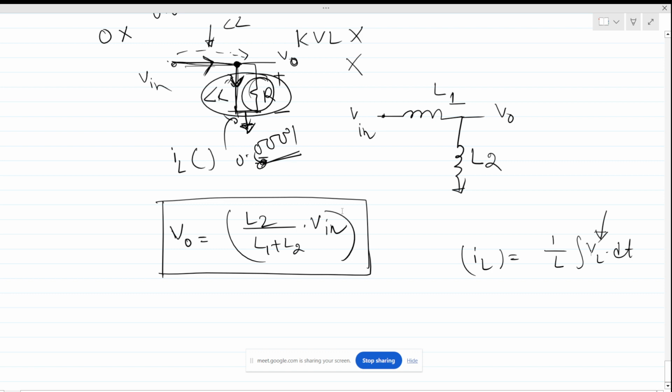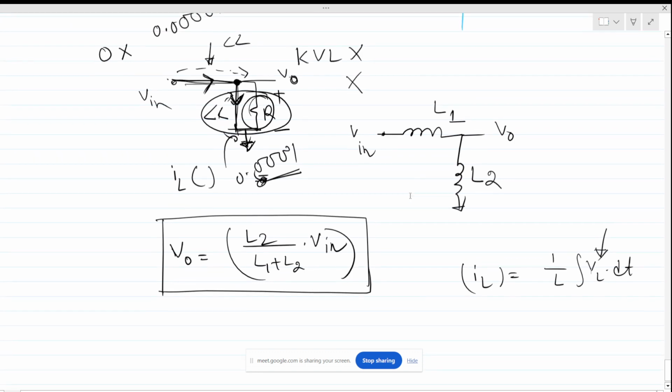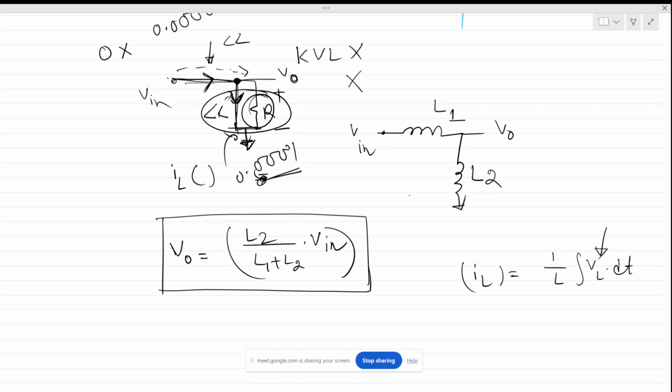Actually, we will go step by step. At t equals infinity, the impedance is very small for inductors, right? So we can see that there is an infinite current flowing through both of these two inductors.